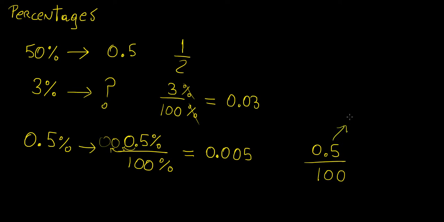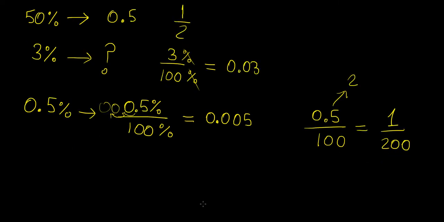Well, if we multiply the 0.5 by 2, this becomes 1. So we could easily just write this as 1 on 200. I guess the process is not so difficult once you figure out exactly by what number you need to multiply it in order to make it into a fraction that contains integers in the numerator and denominator.